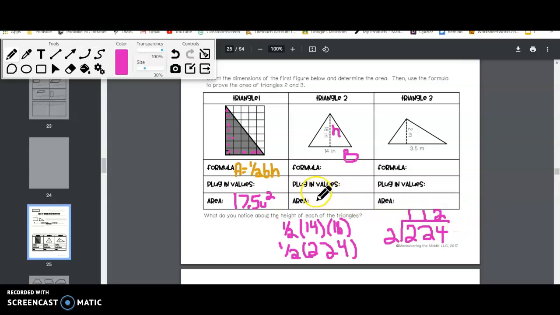So the area would be 112. We're measuring this in inches, so inches squared. Okay, I want you all to do this one on your own, see what you get, and take a look at this if you need to.